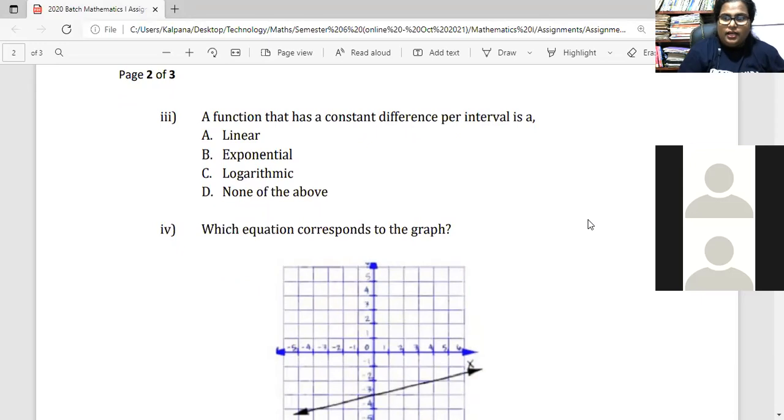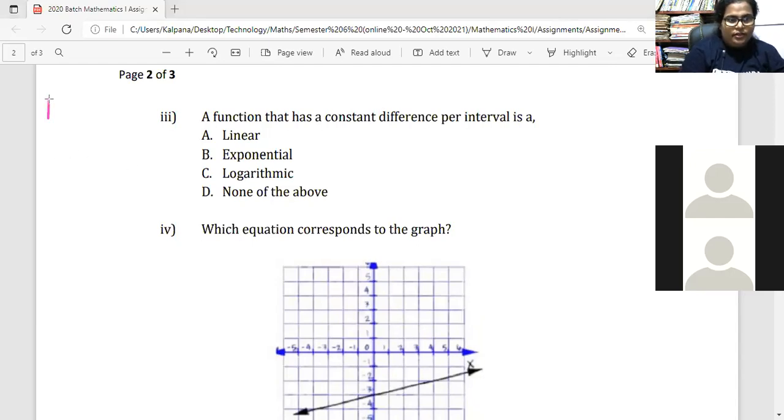That means the slope of this graph should be constant anywhere, so it should be a linear equation.